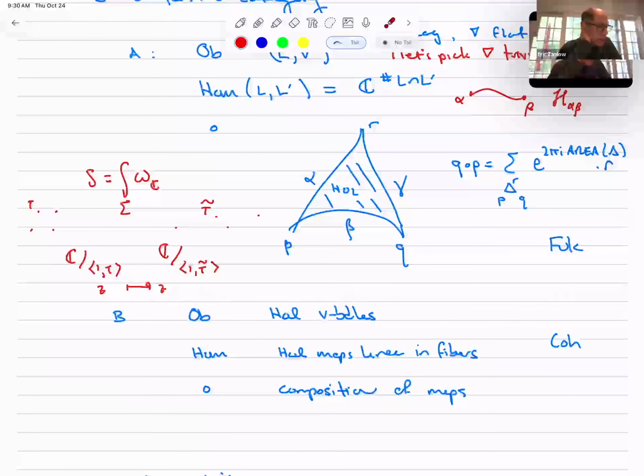Okay, and then the category is everything holomorphic. So for our purposes, it's going to be holomorphic vector bundles. And what I want to do today is talk a little bit about the geometry of what is a holomorphic vector bundle, what is a holomorphic line bundle.